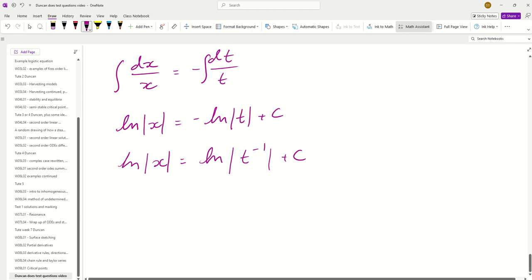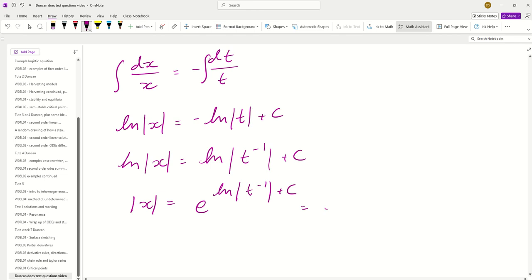Now I can exponentiate. Now when I exponentiate this, I may as well write it out properly rather than just sloppily. Right, that's what I get.